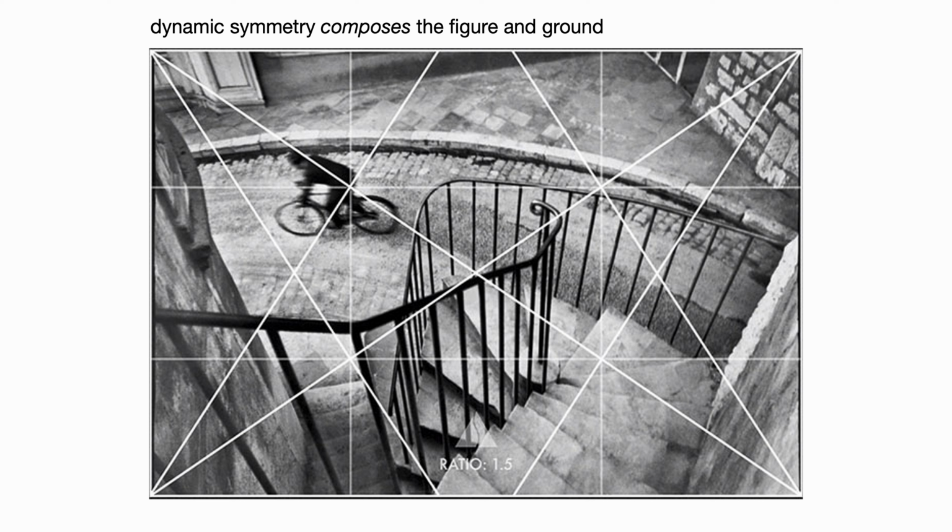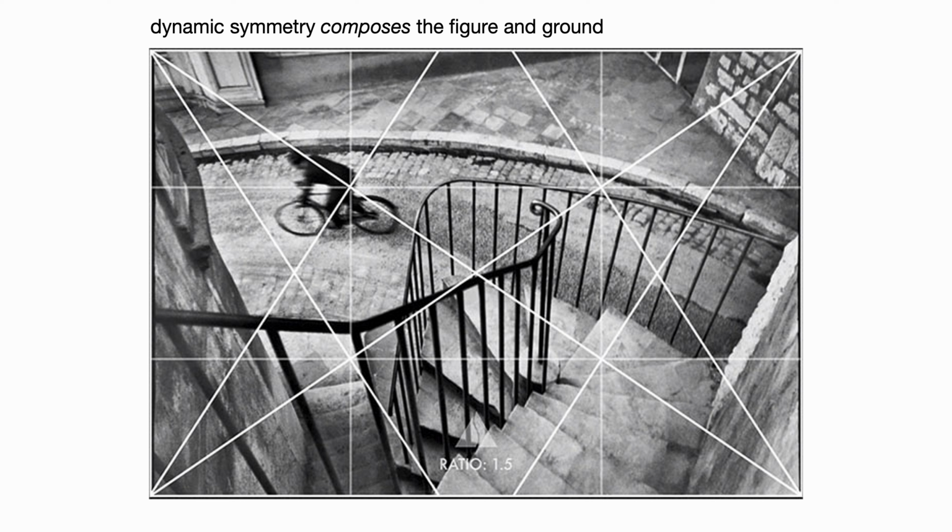Here in dynamic symmetry, you can see the figure and the ground. The ground here is going to be all of the brick on the ground, really. You can see the figure primarily will be the bicyclist. That's the action shot here.